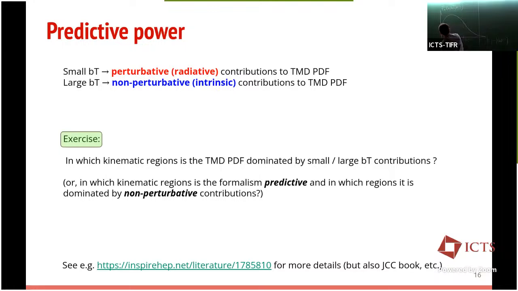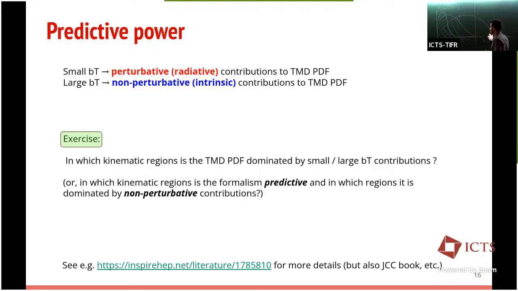So if the function is like this, the area under the curve is completely in the small bT region. In this case, the function in kT space will be completely perturbative. If the situation is like this, for example, only a fraction of the area under the curve lies at small bT, whereas the majority of the contribution comes from the large bT region.